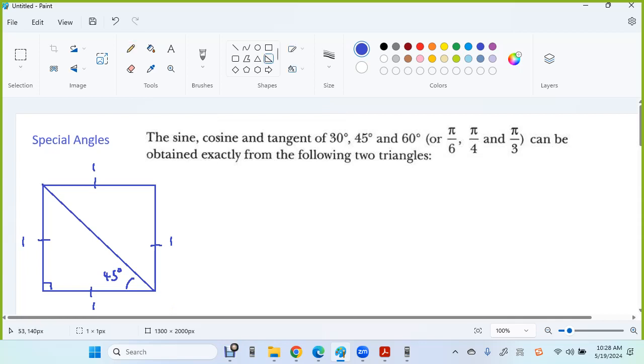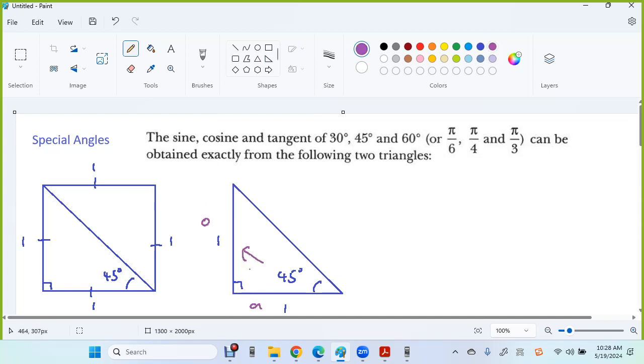So this is a right angle triangle, and the lengths are 1 and 1 here, and this is 45 degrees. So opposite, adjacent, hypotenuse. The hypotenuse for this case will be the square root of 1 squared plus 1 squared. It is square root 2.